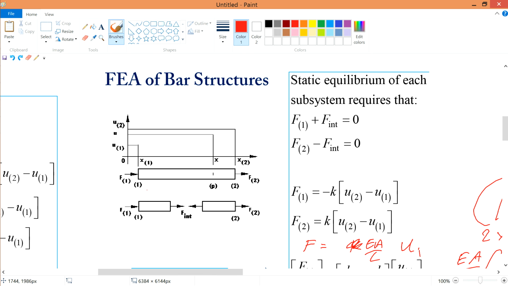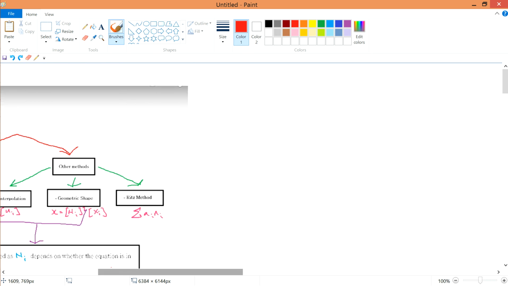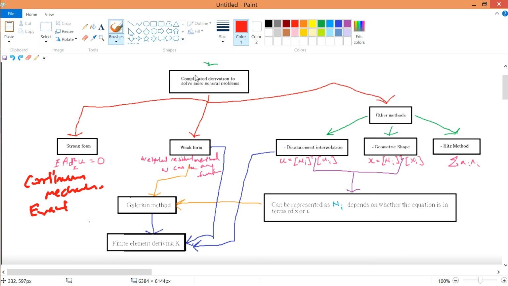Within this, let me introduce what we're going to do. This is somewhat of an introduction for us. The EA over L, if it's a strong form, is this form, and we'll deal with it in the next video. The weak form deals with other things.